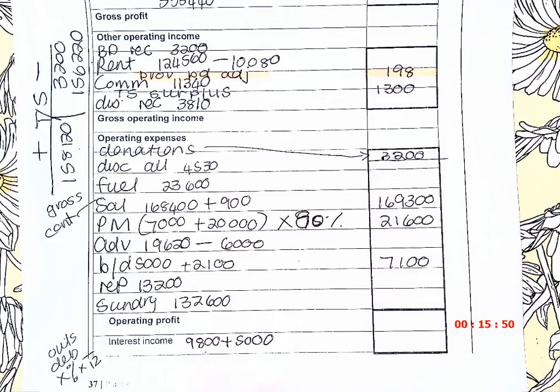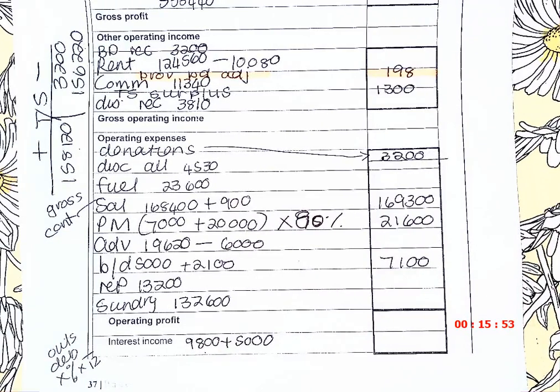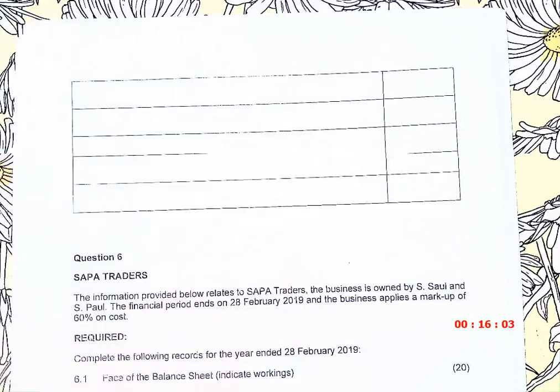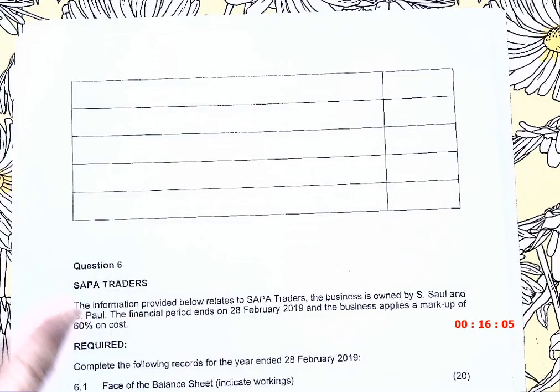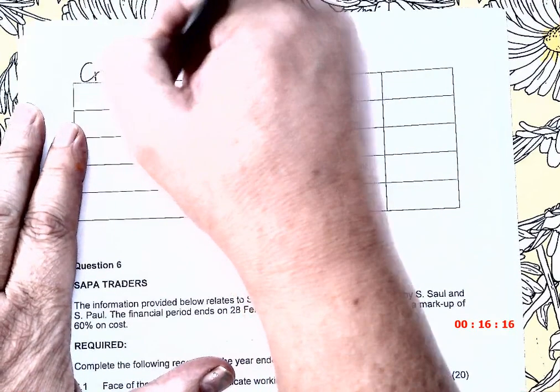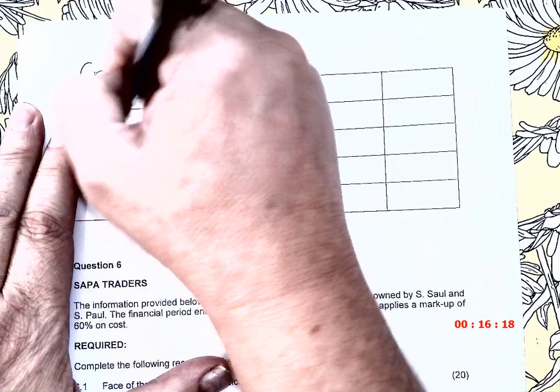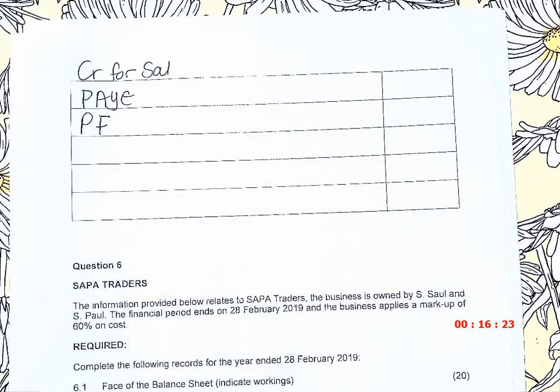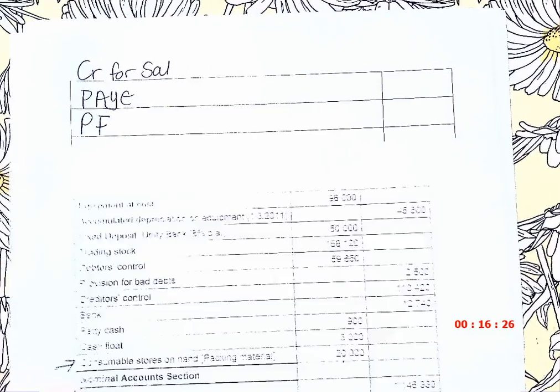Okay. Now I need to do the salary and wages, the payable part. So I'm going to go on this page here. What do they say? Everything was posted. But can you see they don't tell me anything was paid. So I need to start with creditors for salary. And I see there's PAYE. And I see there's pension fund. Now before I go any further, I'm going to quickly look. Is there anything in my balance sheet section?